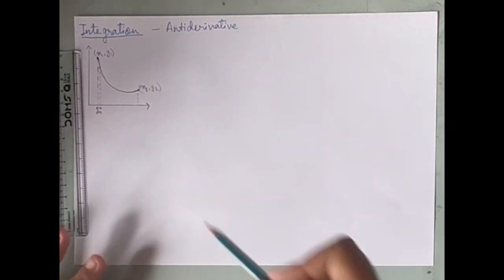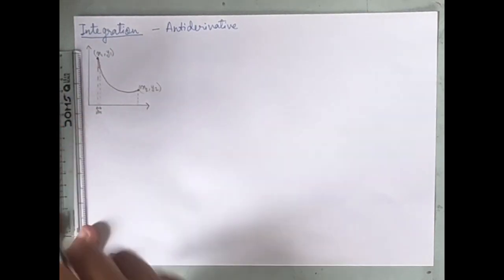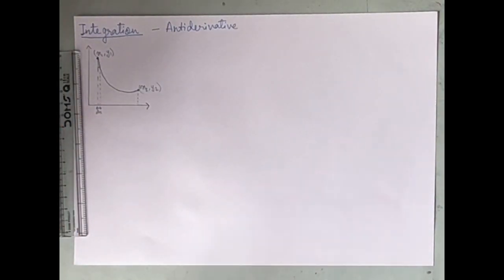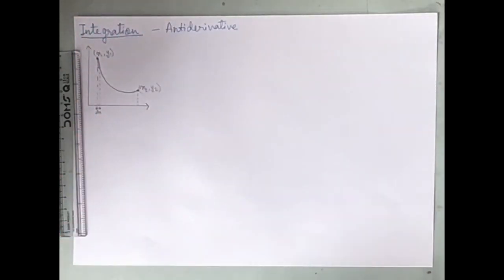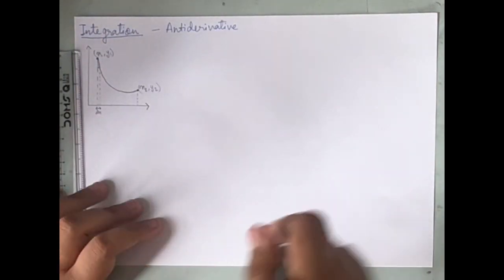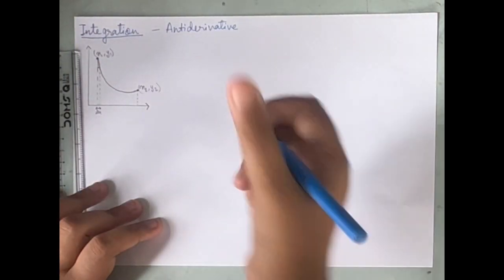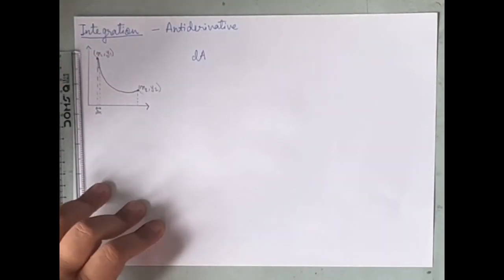You can see that a small triangle is getting omitted. To reduce this omission, we take the breadth to be dx. We know dx is a very small number, so this triangle is hardly omitted. Now we assume this area to be dA. dA means very small area.